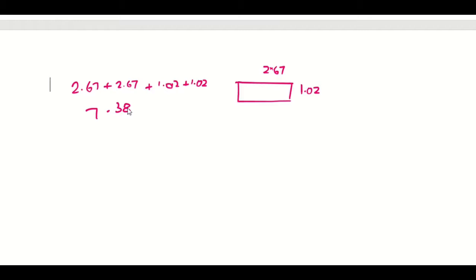Well, we're still in 3 significant figures, but let's suppose that this measurement was not 1.02 but just 1.0, and we do not have this digit, so it's only accurate up to here. Then it would be 2.67 plus 2.67 plus 1.0 plus 1.0, and so we would get 7.34.